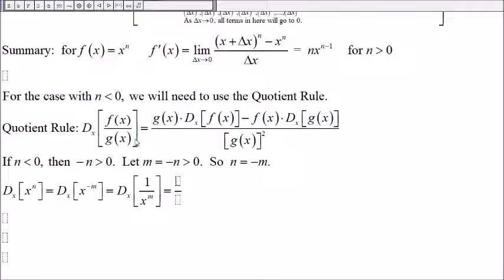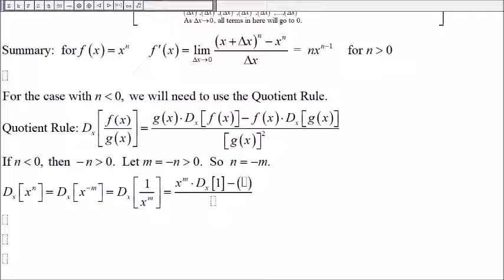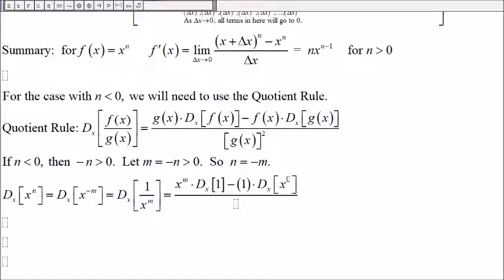So it's going to be g of x, which is the denominator here, so x to the m, times the derivative of f of x, which is 1, and then minus f of x, which is 1, times the derivative of g of x, which is x to the m.